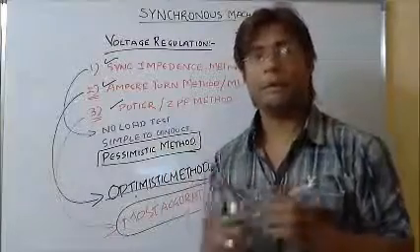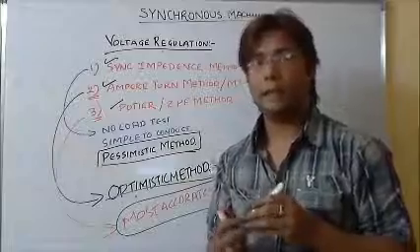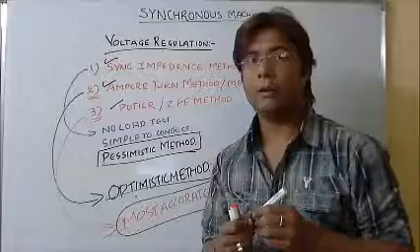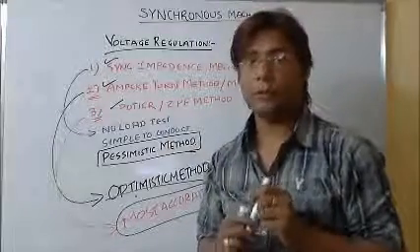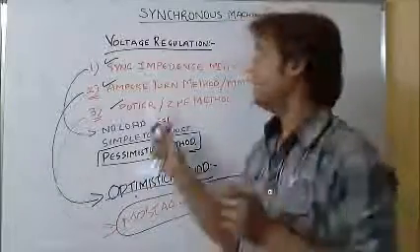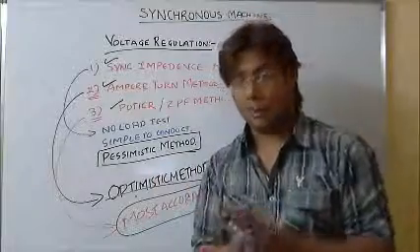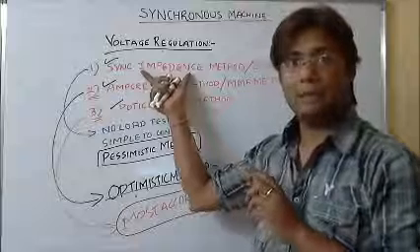So in the decreasing order of priority for finding the voltage regulation of a synchronous machine, first is the Potier or ZPF method, the second would be the ampere turn method, and the third would be the EMF method, also known as the synchronous impedance method.